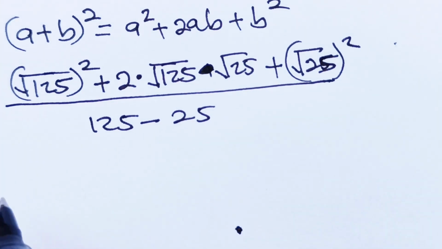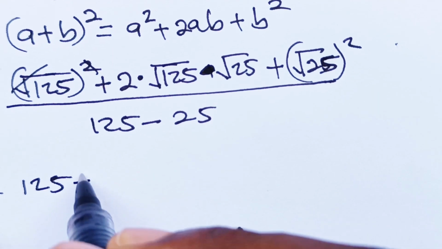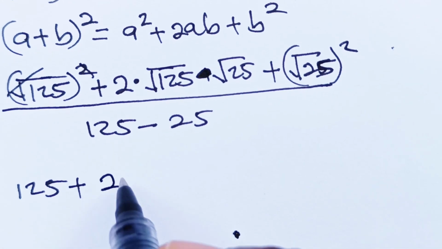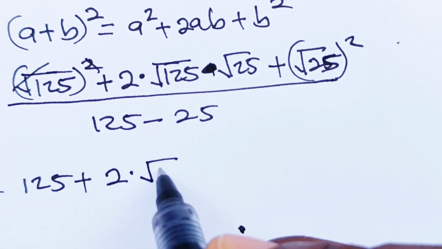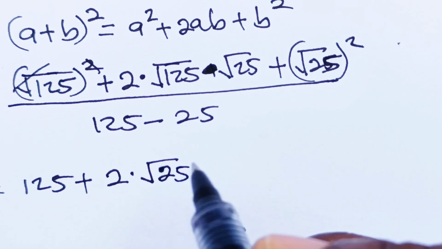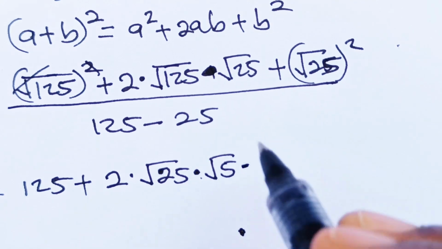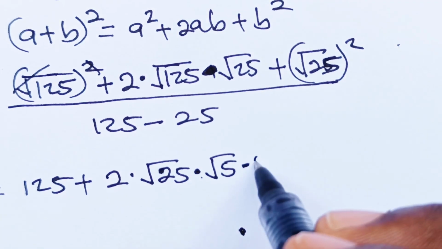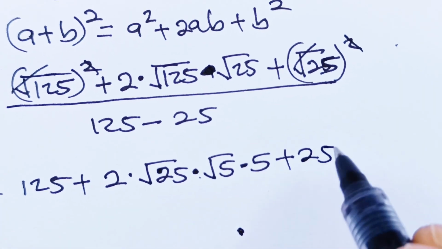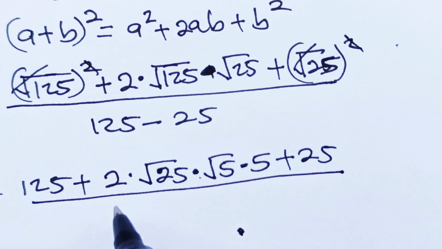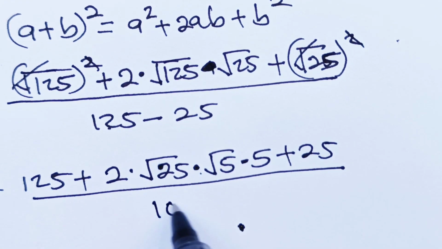Now let's continue. This is equal to, so this squared, we have 125 plus 2 multiplied by, now root 125 is the same thing as root 25 multiplied by root 5, then multiplied by root 25, which is already 5, plus, now this we cancel, so we have only 25 remaining, divided by 125 minus 25, which will give us 100.